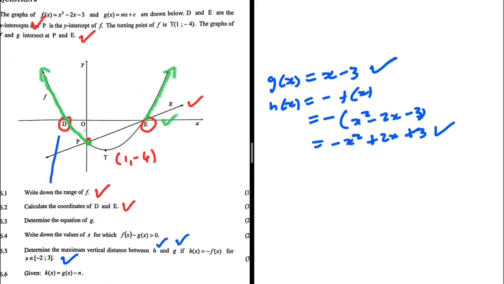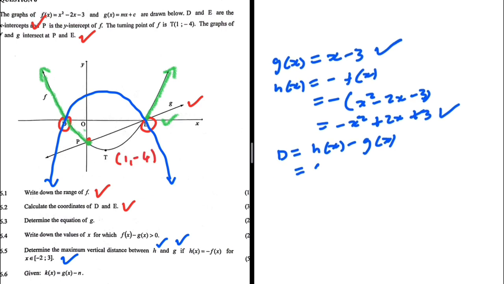H of x is going to look like this. That is how h of x is going to look. So clearly we have h of x being above g of x. When that is the case, the distance is going to be h of x minus g of x. So that is what we are working with. H of x, we know that it is minus x squared plus 2x plus 3.